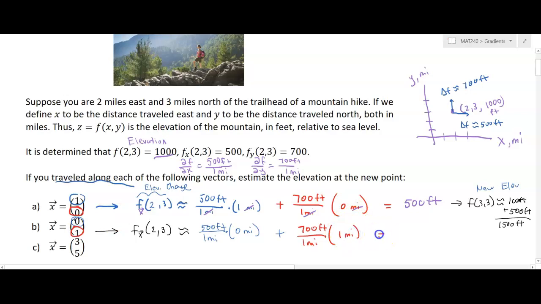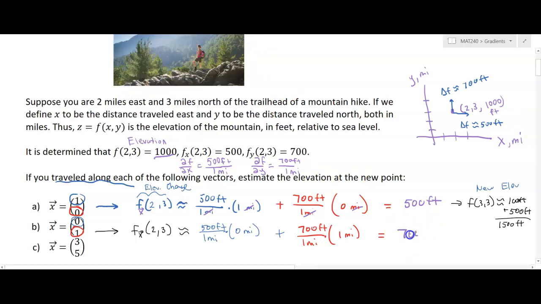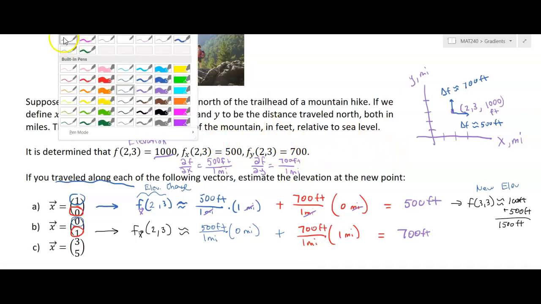So our elevation change should be, in this case, 700 feet. Which makes sense because that's exactly what the data that we were given describes.